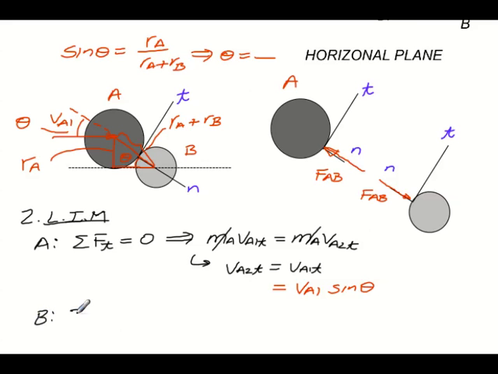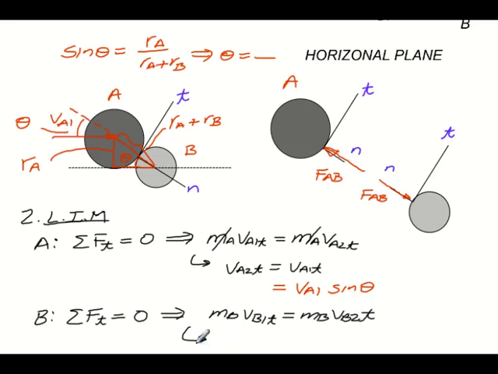The observation we make here is that we have this impact force, FAB, which we don't know. We don't want to deal with that. But it's only in N. That leaves no force acting on B by itself in the tangential direction. So mB VB1T is equal to mB VB2T.